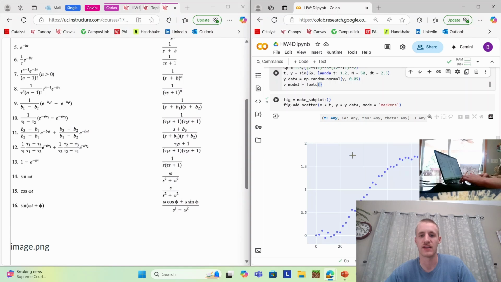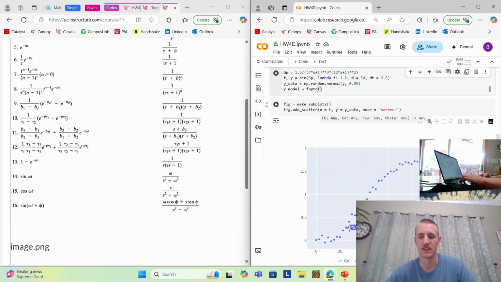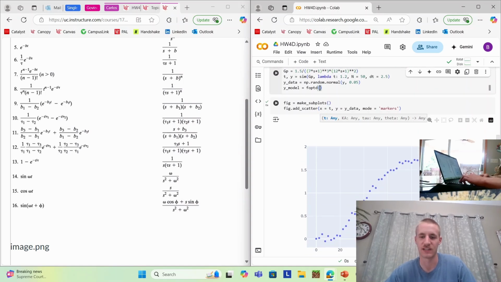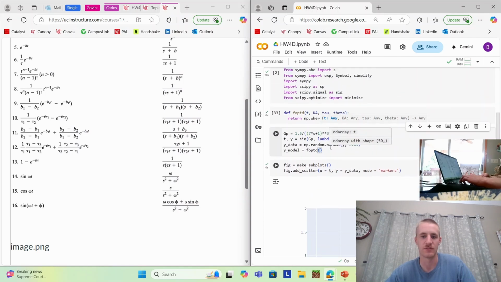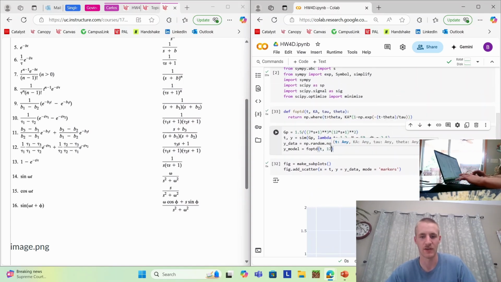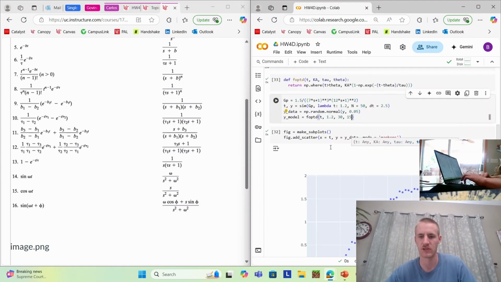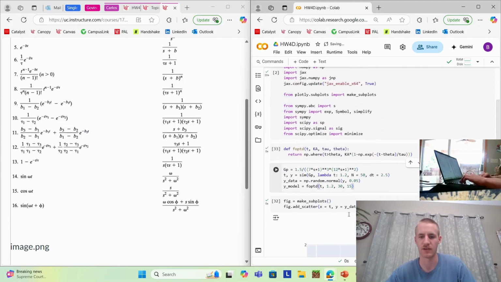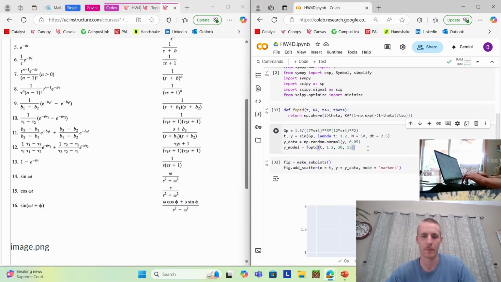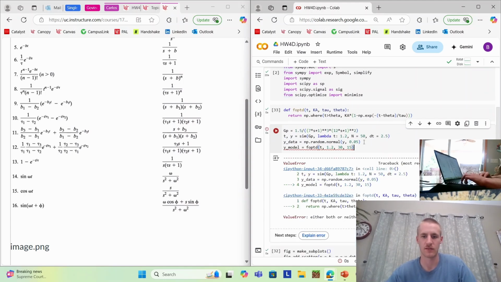And our tau, our time constant, is going to be about 30. That's a very rough guess, but a third of the way up is 30. So we have time, 1.2, 30, and 15 for our Ka, tau, and theta.